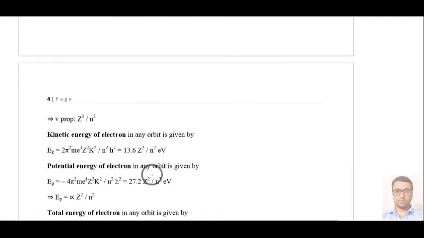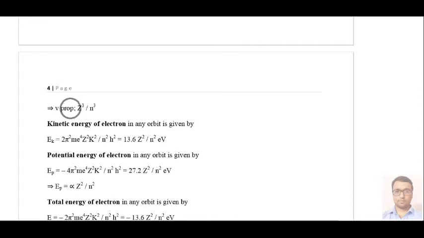For numerical purposes you have to remember it, and you can say that the frequency is proportional to the factor z square upon n cube. By taking ratios, for comparison questions, you can tell the value for any moving electron.